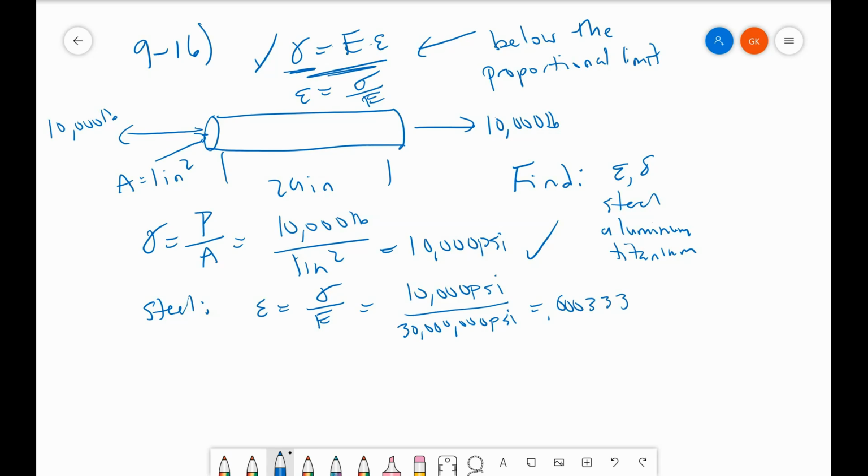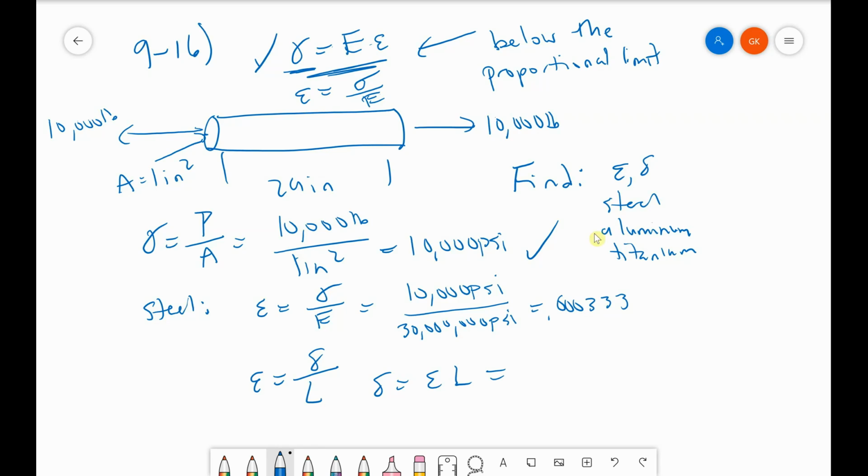And if we want to, we can go ahead and calculate the elongation for steel. We have to remember that strain is equal to the elongation over the original length. And we can rearrange that to get that the elongation is equal to strain times the original length.